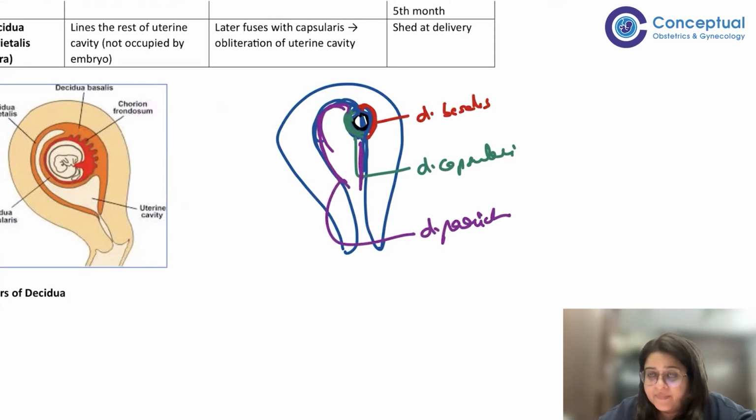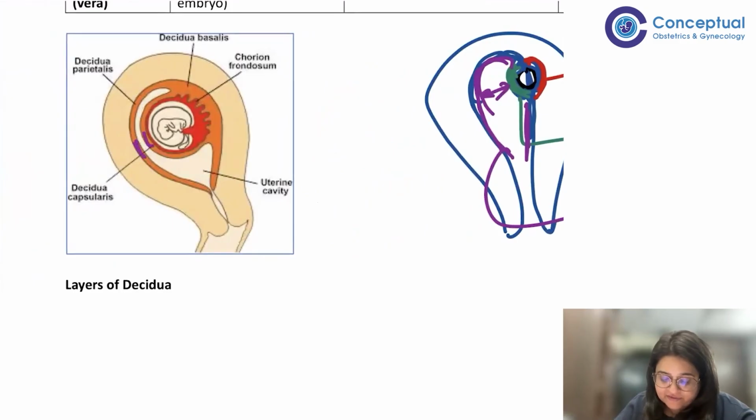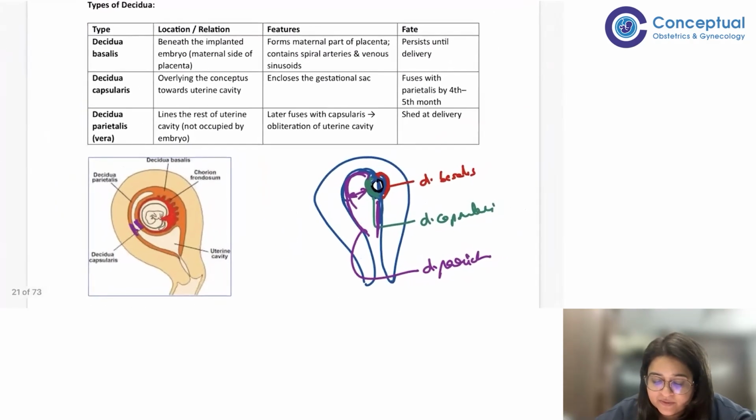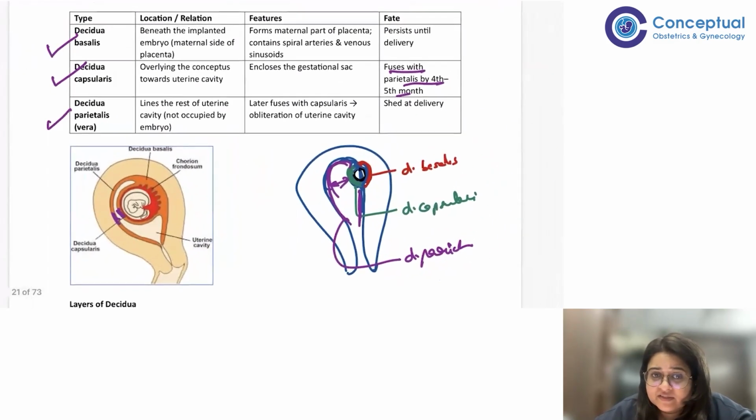As the pregnancy grows, the capsularis and parietalis are going to fuse, and there will be obliteration of the uterine cavity. So these are the three types of decidua: basalis, capsularis, which fuses with the parietalis by the 4th to 5th month, and the parietalis, which is the decidua vera.